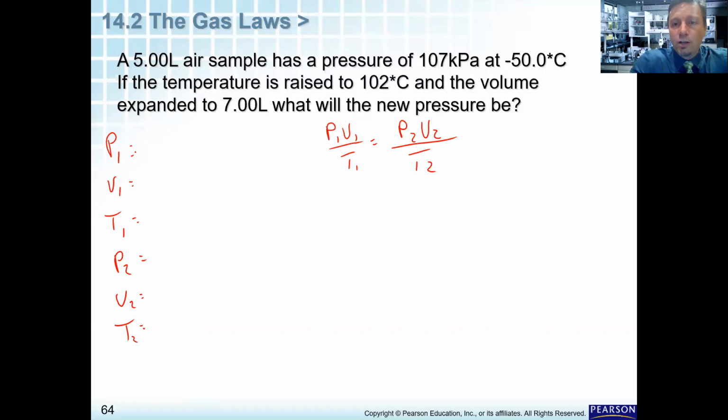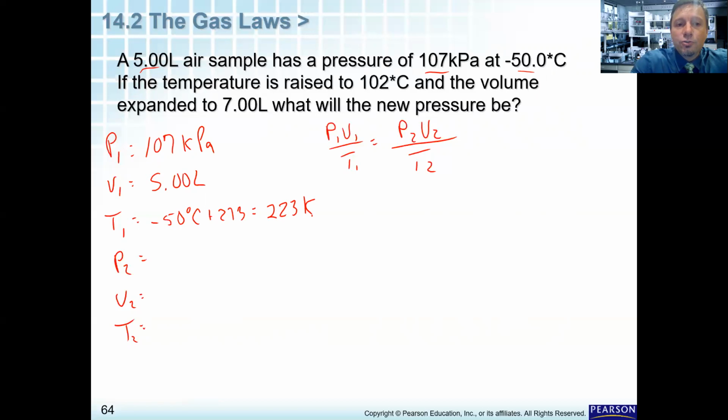So my pressure 1 is 107 kilopascals. My volume is 5.00 liters. My temperature is negative 50 degrees Celsius plus 273. So that is going to leave me with 223 Kelvin.